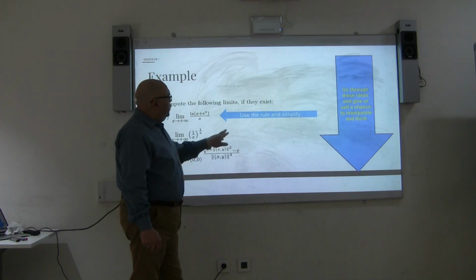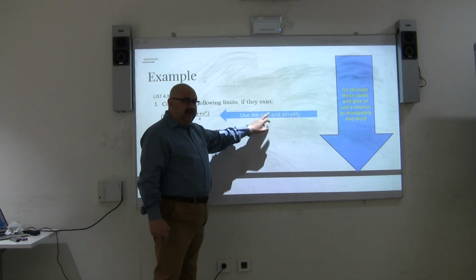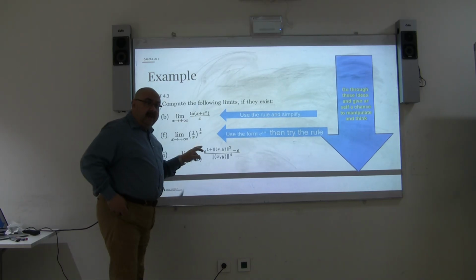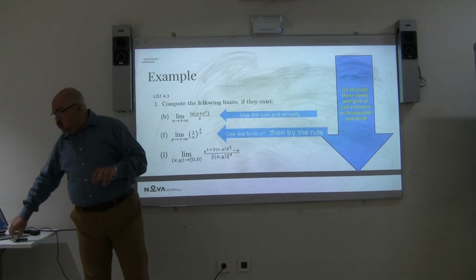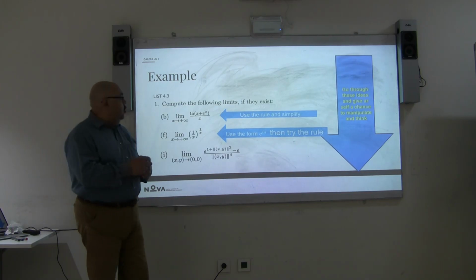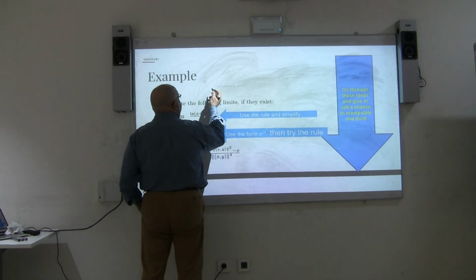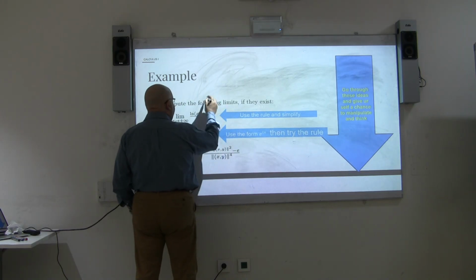So as I told you, use the rule and simplify for the first one. Right, for the second one, this problem is really very close to the problem that we solved earlier. All I have to do, instead of dealing with this form, is to put it in the exponential logarithmic function form.